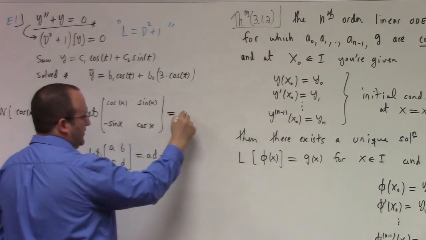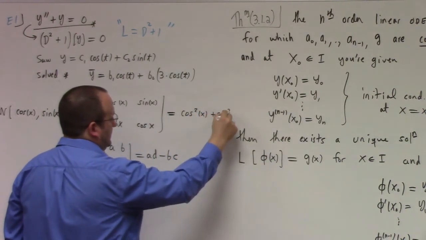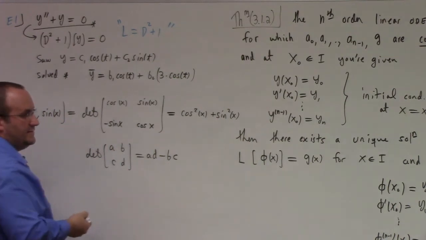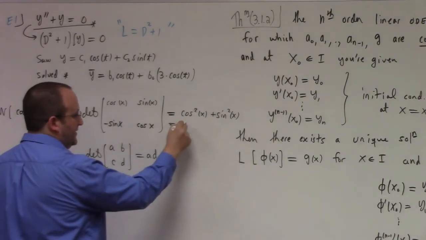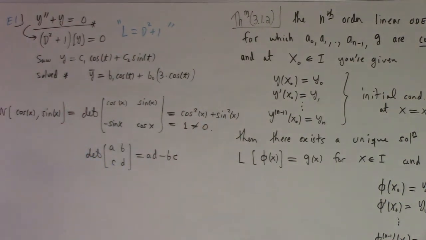And so this gives us cosine squared x plus sine squared x. Hey, but that we know is 1. Hopefully I don't have to argue with any of you about this. 1 is not equal to 0. Consequently, sine and cosine are linearly independent for any subset of the reals, actually.